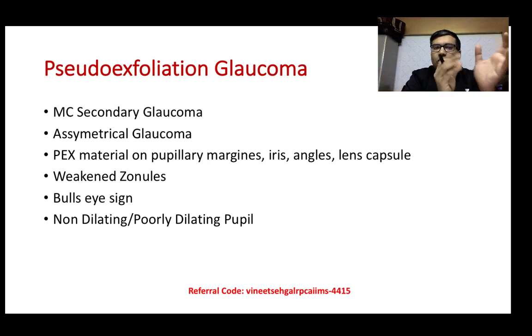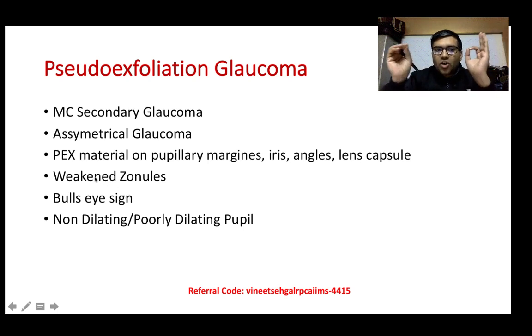Remember, this pseudoexfoliative material, the whitish fluffy material, can be seen on the pupillary margins, on the iris, on the angles of the eye, or on the lens capsule. Whenever it is seen on the lens capsule, it is called a bull's eye sign. Other important signs of pseudoexfoliation glaucoma is that you can get weakened zonules.